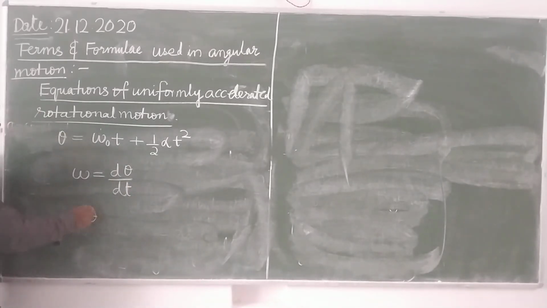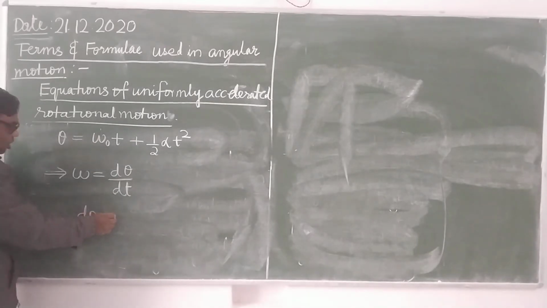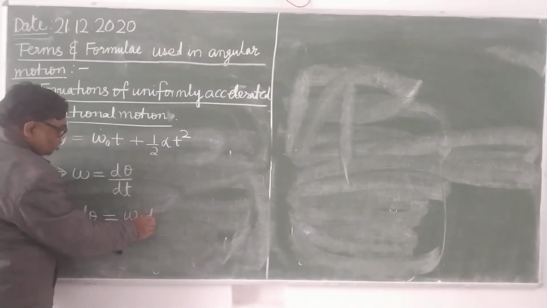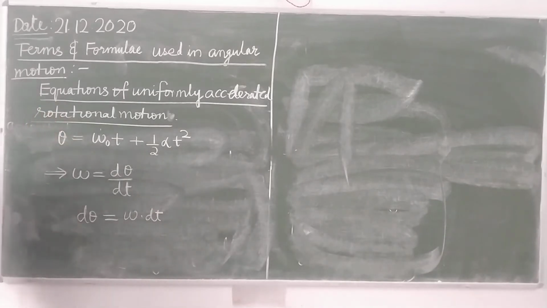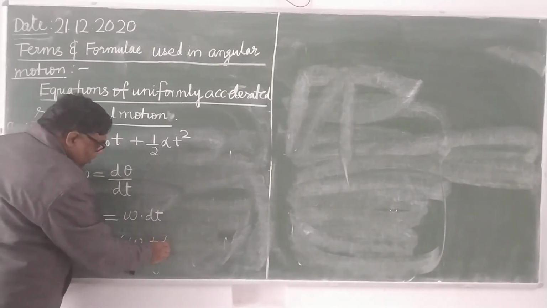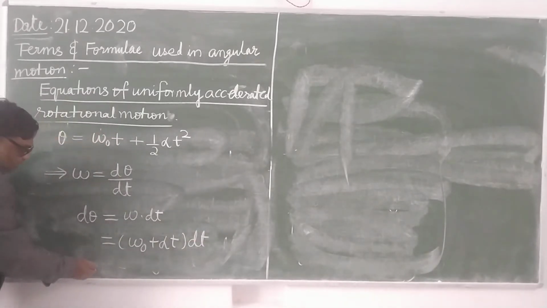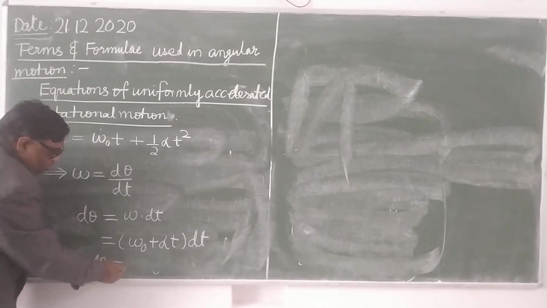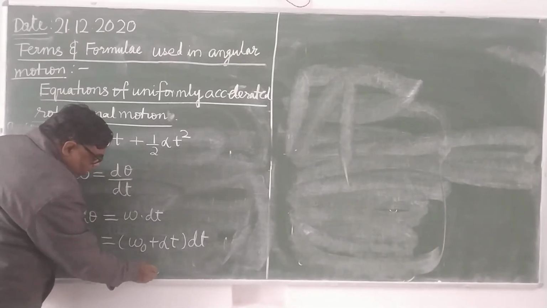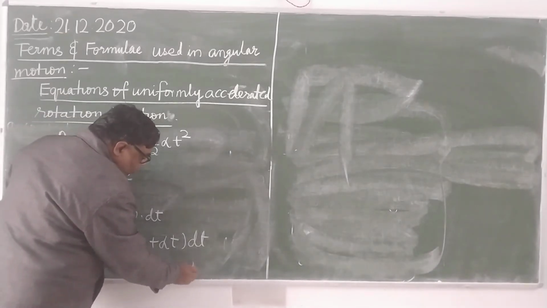We know that the angular velocity omega is equal to the rate of change of angular displacement. So d theta will be omega into dt. Now from the first equation we can write omega as omega naught plus alpha into t, times dt. Now on opening the bracket, d theta will be equal to omega naught dt plus alpha t dt.